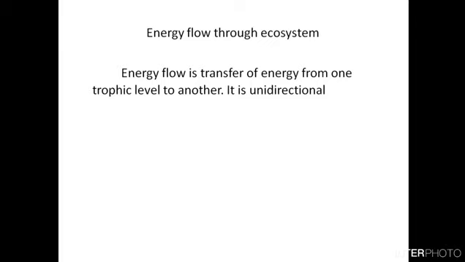At each trophic level, 80 to 90% of energy is lost by respiration and death. I'd already talked to you about it at the beginning. Hence, the amount of energy decreases from the producer level to consumer level.